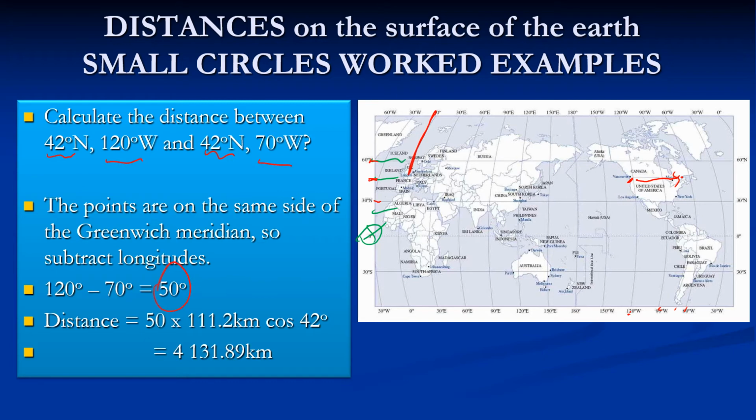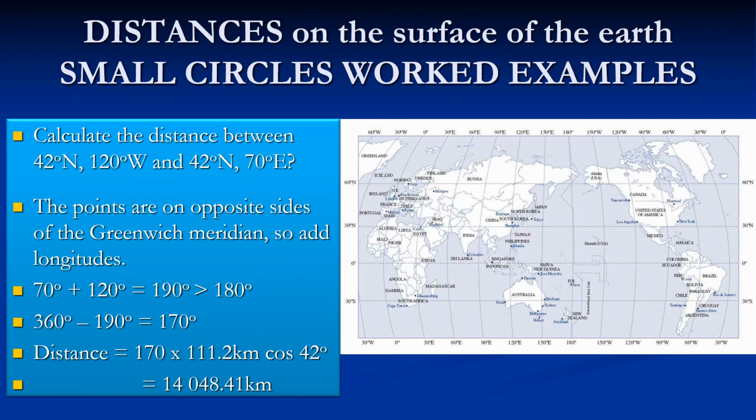That's a total of 50 degrees. So 50 degrees times 111.2 kilometres. But because it's a small circle, we'll need to put in cosine 42 degrees. So it's 50 degrees times 111.2 cosine 42 degrees, which will give us a total of 4,131.89 kilometres.